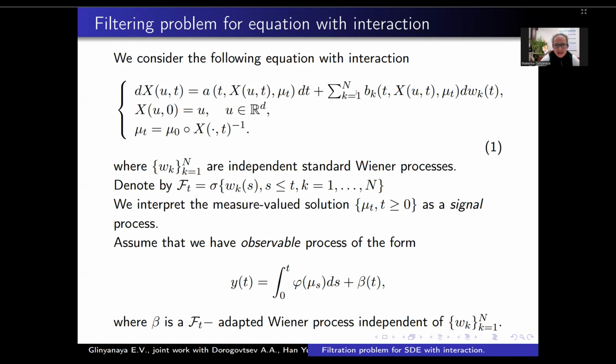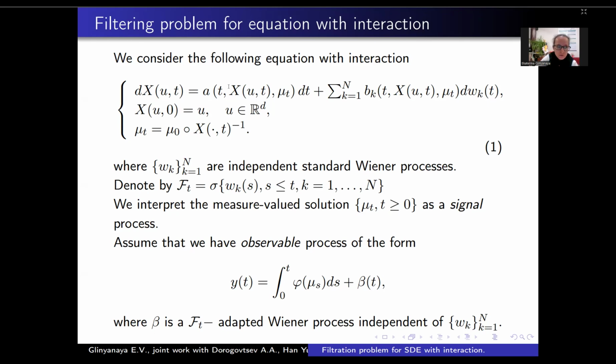Sometimes I need this summation and write just the product B times dw, but we can easily rewrite all results for a sum of n summands with independent Wiener processes. Since we are considering a filtering problem, we interpret the solution to this equation as a signal.